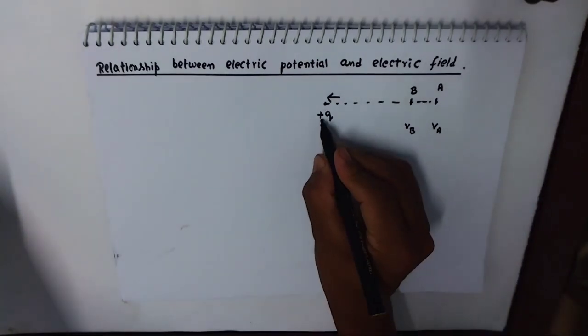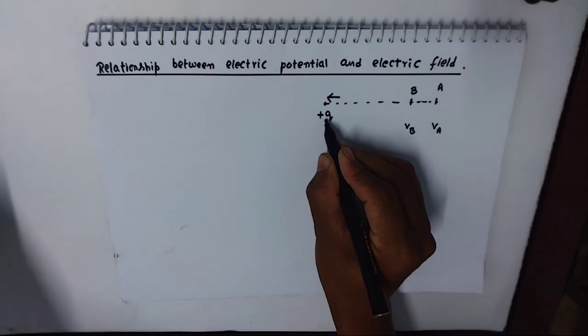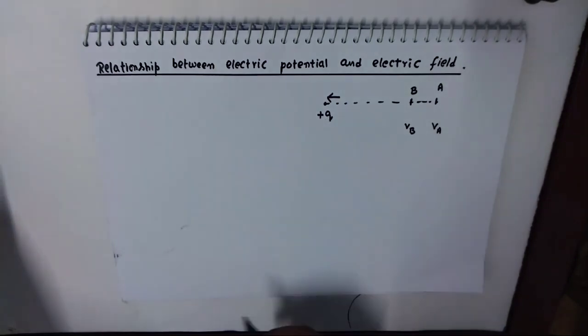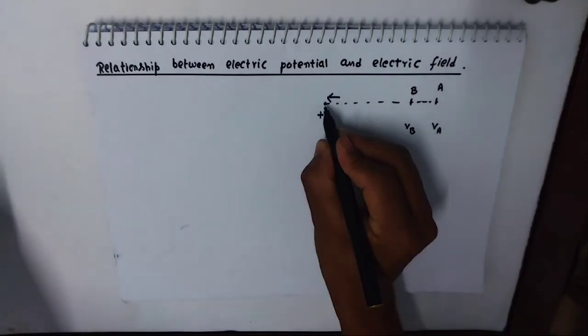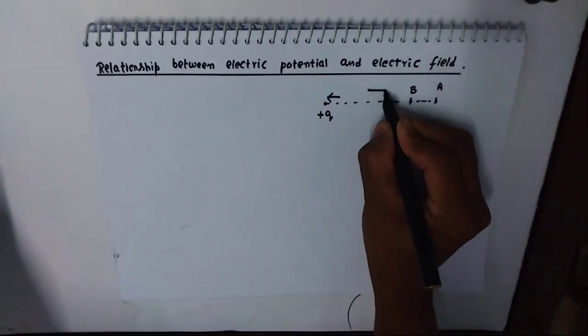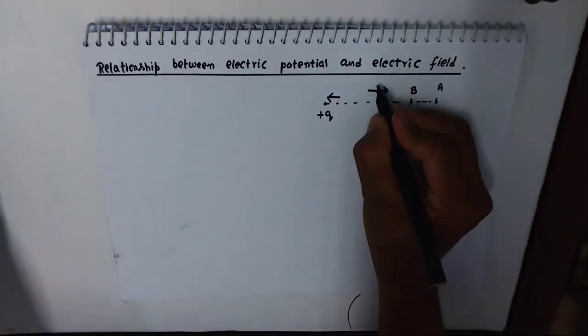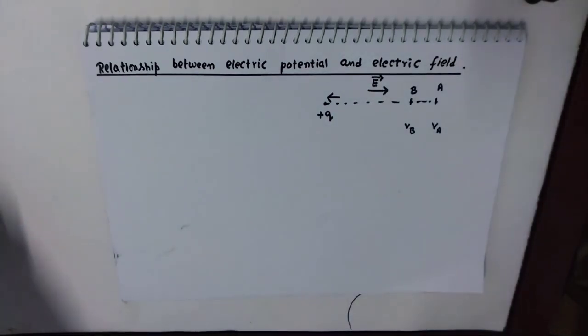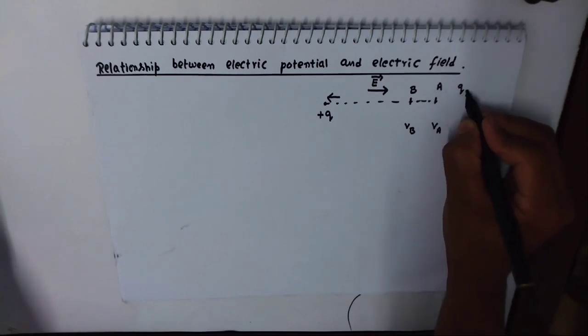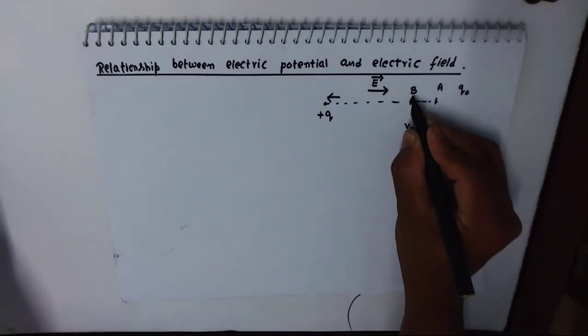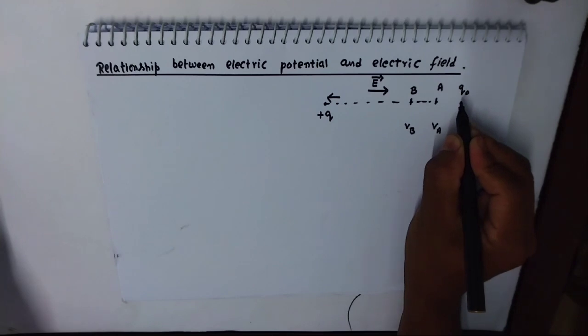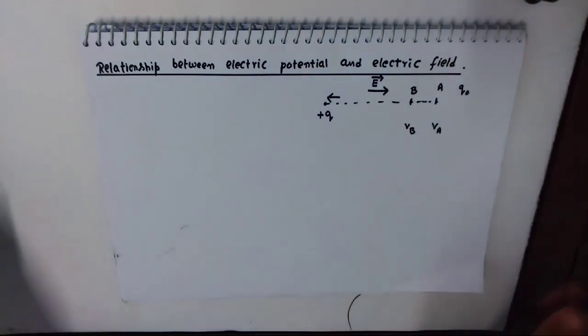So since this charge is a plus Q, the electric field along this line, it is in this direction, and the electric field is represented by E. Now suppose we want to move a test charge Q naught from A to B. We need an external agent.